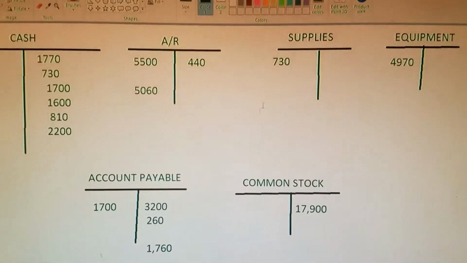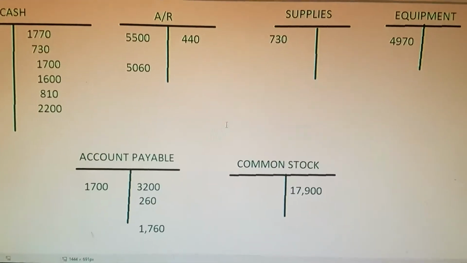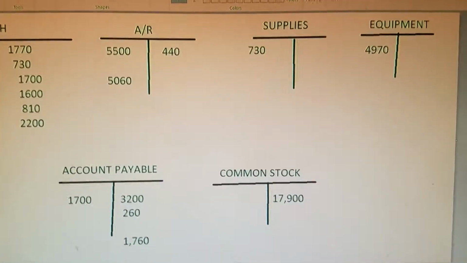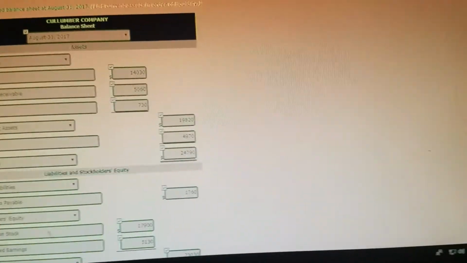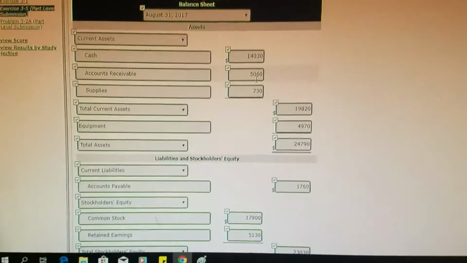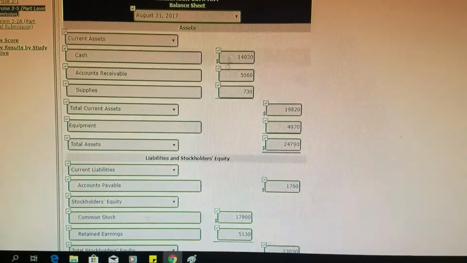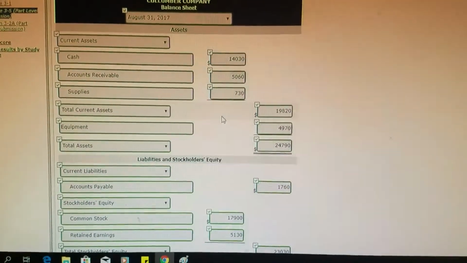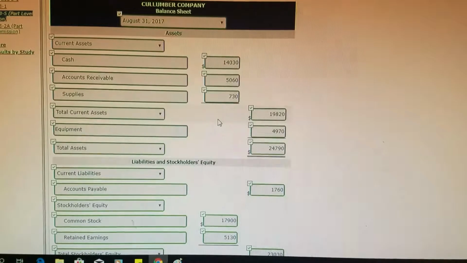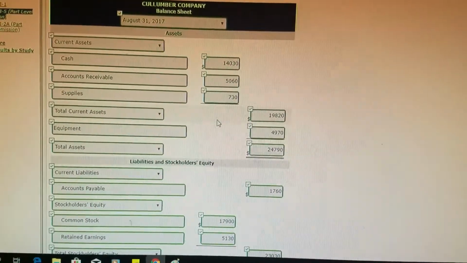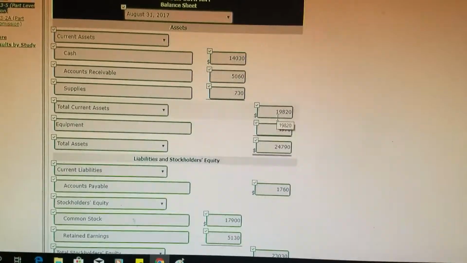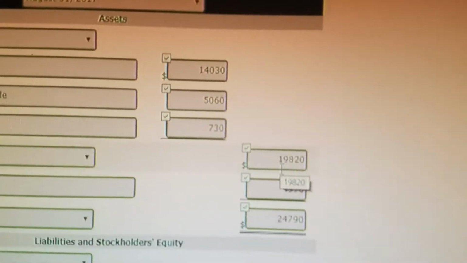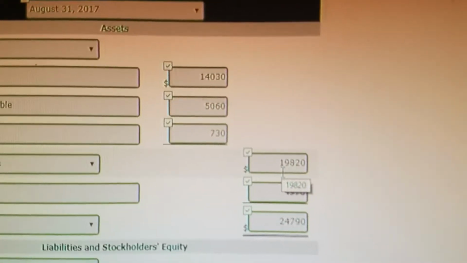Supplies, we have 730, and equipment is 4,970. We place those values into the balance sheet, and we first get the balance for current assets. Our total current assets have a value of 19,820.